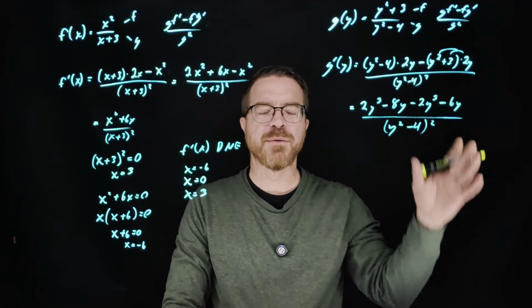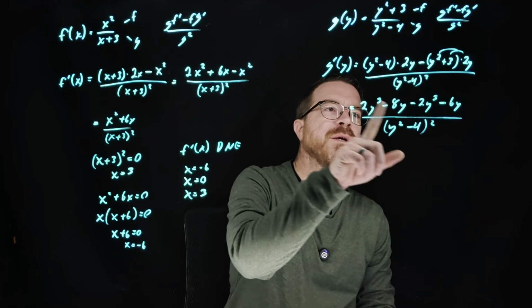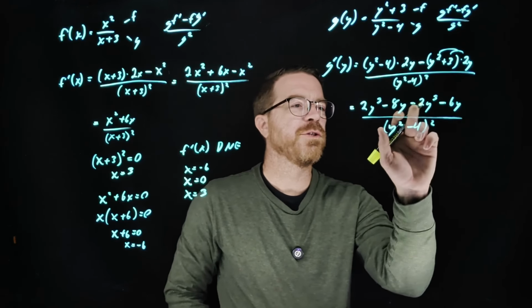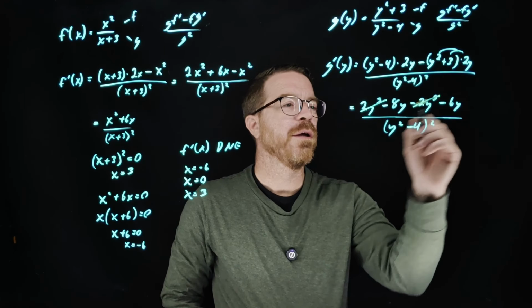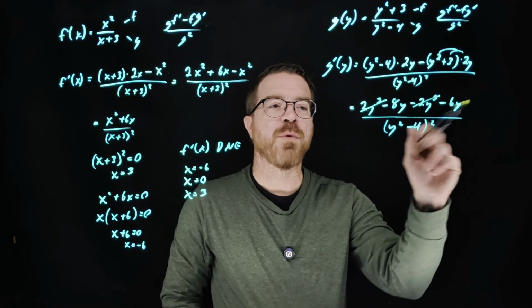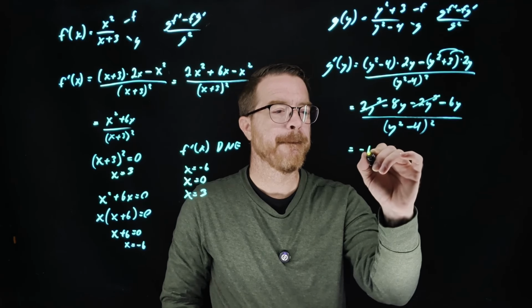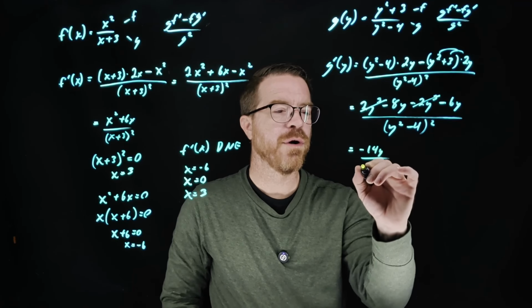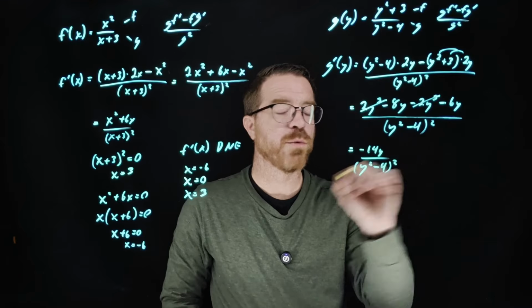Okay, so we have 2y cubed minus 2y cubed, so these two are actually going to cancel with each other. Minus 8y minus 6y is going to give me minus 14y over (y squared minus 4) squared.